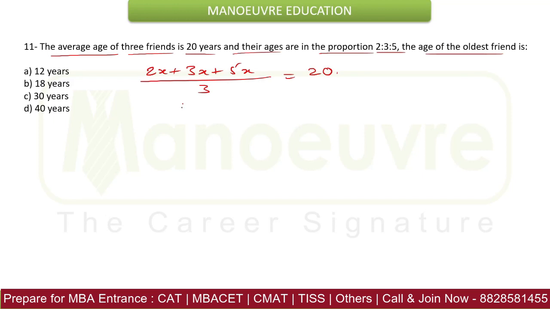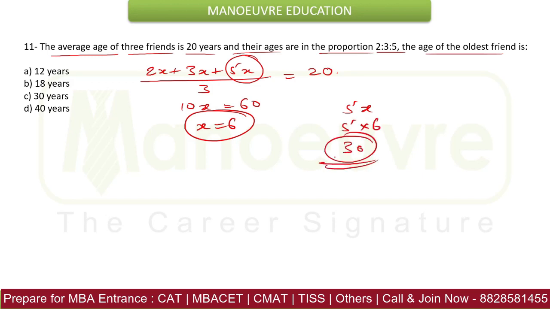So this will be 10x is equal to 60, so x will be equal to 6. So age of the oldest friend is 5x, that means 5 into 6, it will be 30. So 30 will be the answer over here.